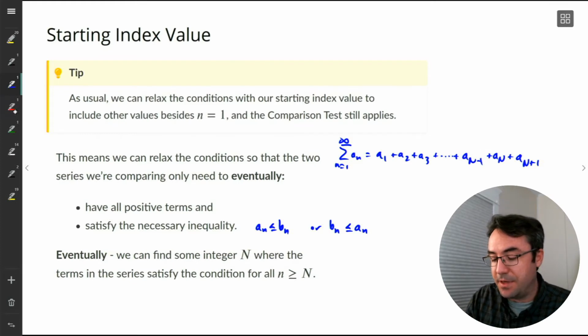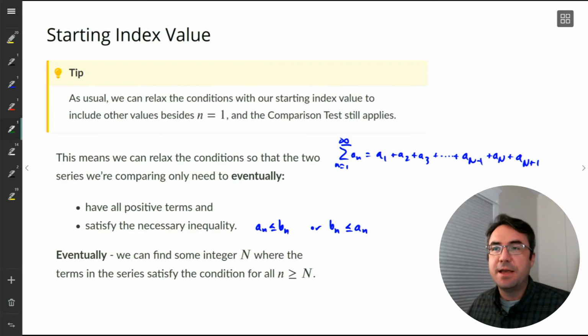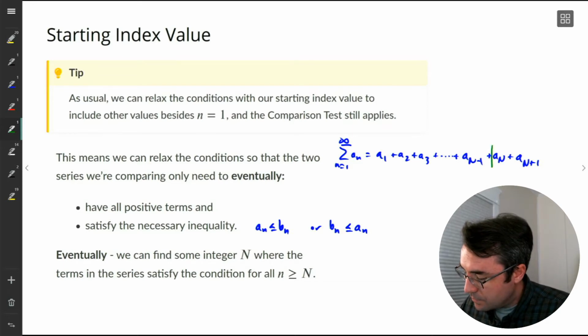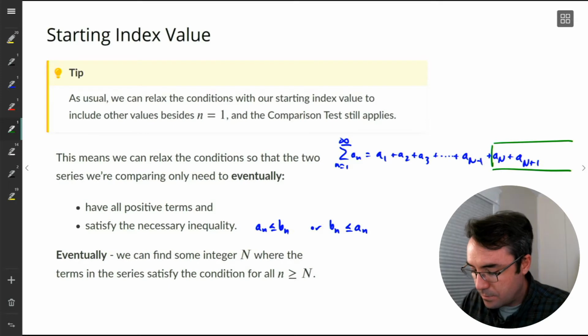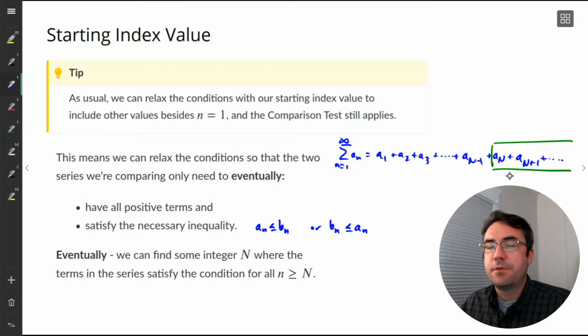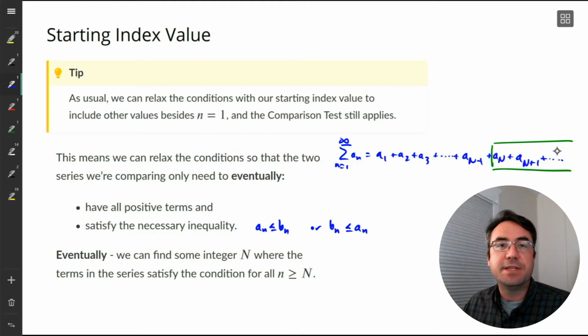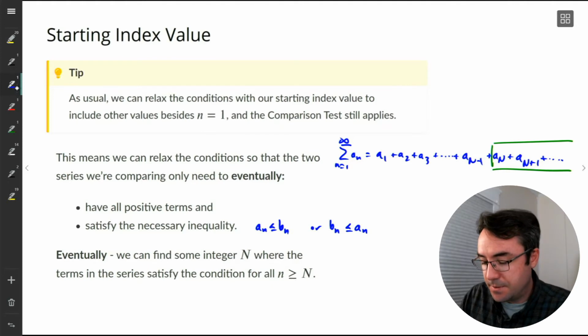That's where the really interesting convergent or divergent behavior actually happens. When we're writing out the terms of our series here, the convergence or divergence really happens on the tail of our series. What happens when we keep going? The first few terms at the beginning don't affect the convergence or divergence.